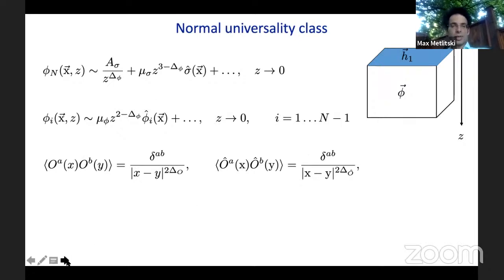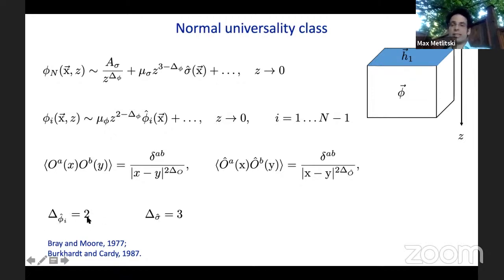Now, there are a few things we know about these leading boundary operators. First of all, in the transverse channel, the leading boundary operator has a dimension equal to 2, exactly. When the bulk dimension d is equal to 3, this scaling dimension is exactly equal to 2.